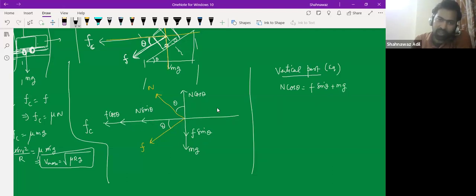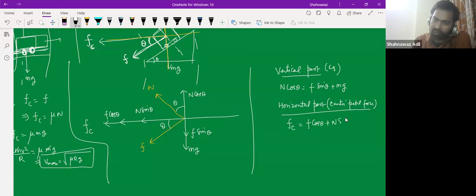And then you have the horizontal part. This is not Newton's second law, this is centripetal force. So what would be the centripetal force? This is F cos theta plus N sin theta. So these are the two equations that you will get.